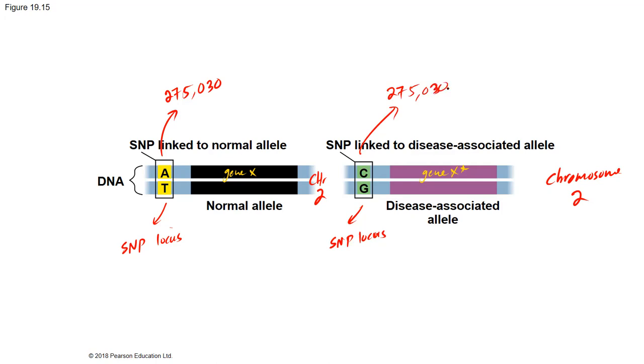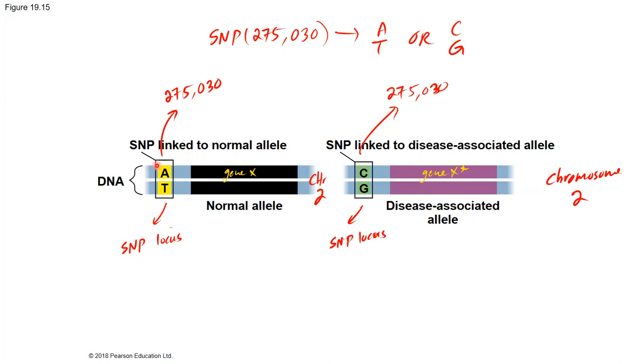And this SNP, located as nucleotide number 275,030, could be either AT or CG. Some people have AT or CG.